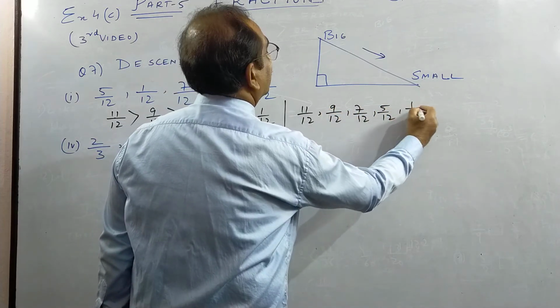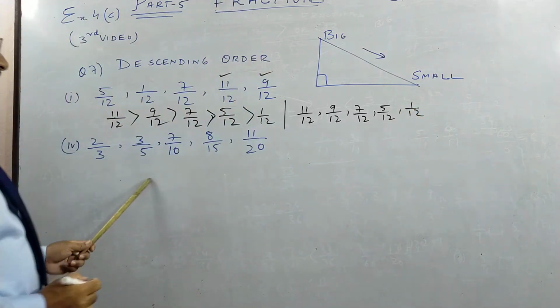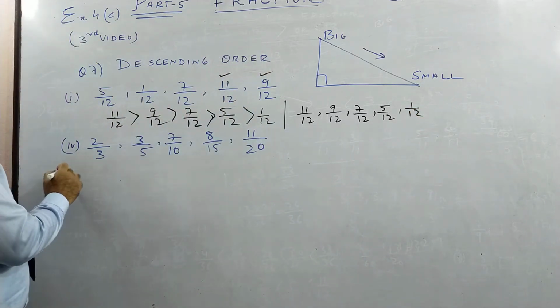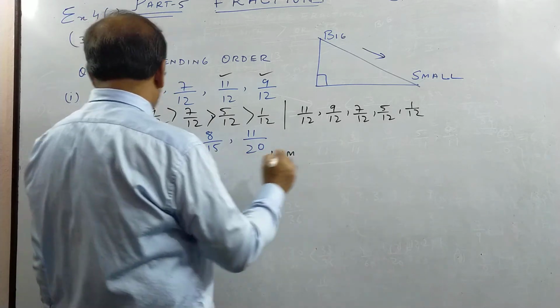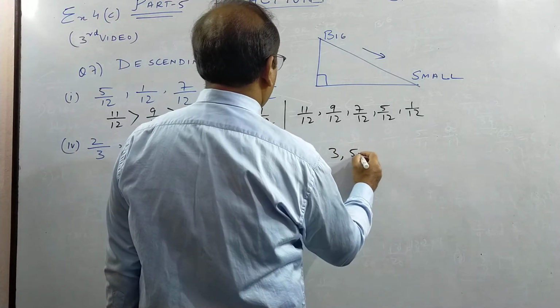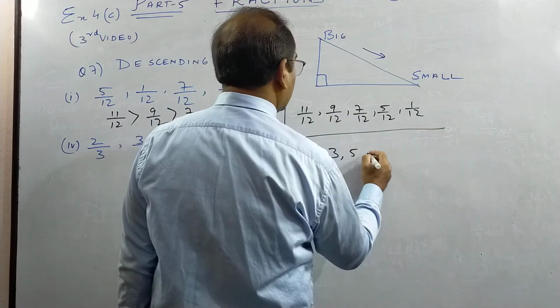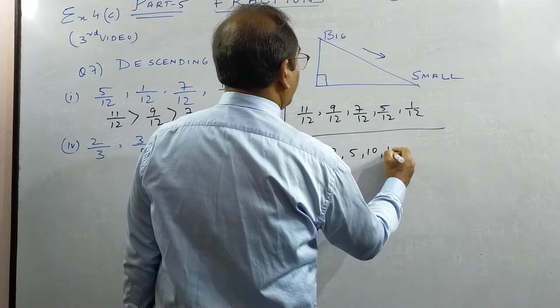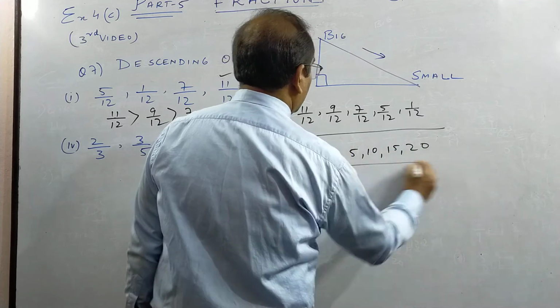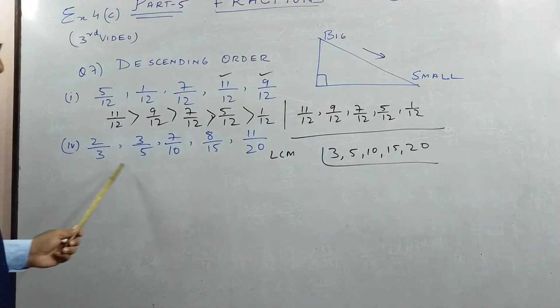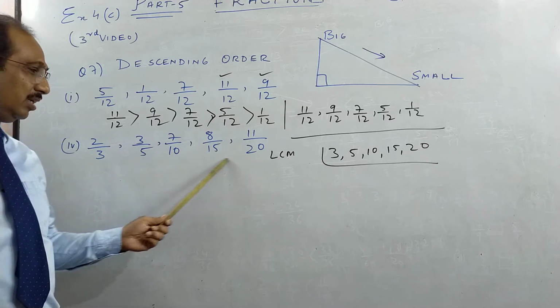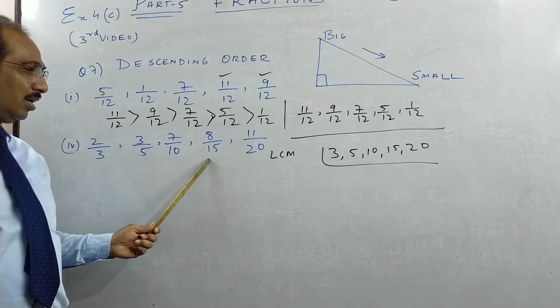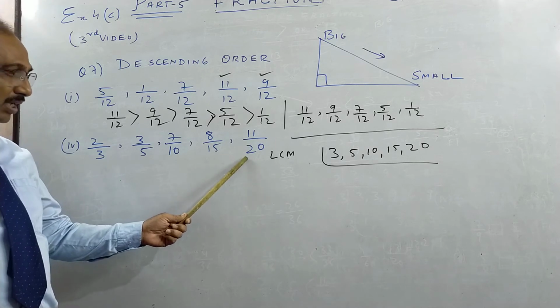Next we have unlike fractions. We have to first find the LCM. So what is the LCM of 3, 5, 10, 15 and 20? One shortcut method I told you, children: see all these numbers, the biggest is 20. Do all of these divide 20, or does 20 come in their tables?